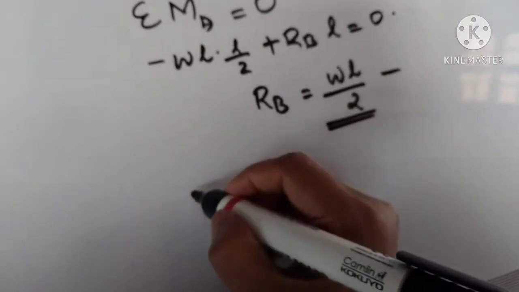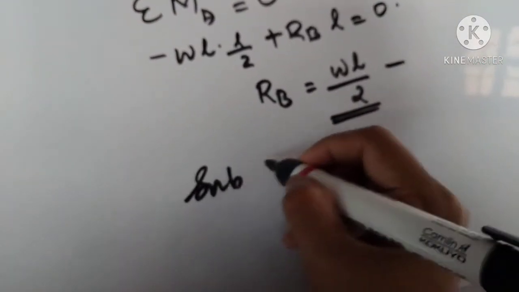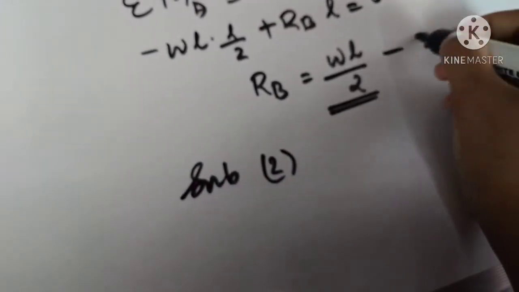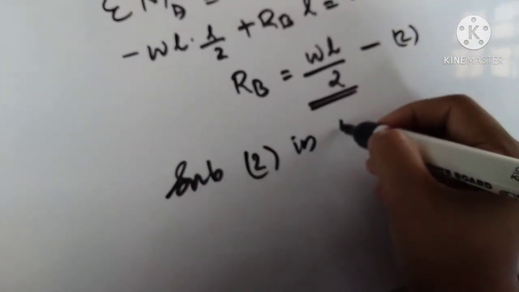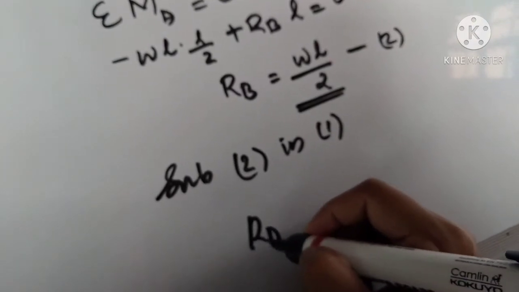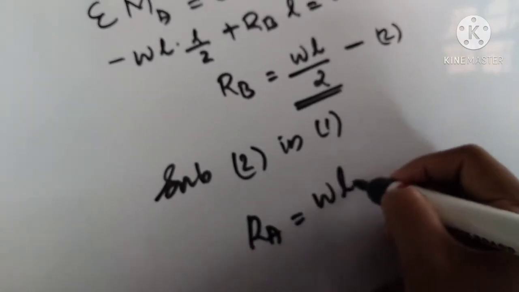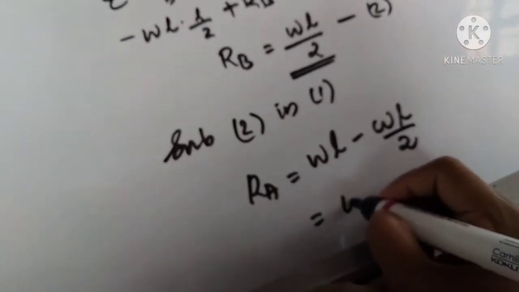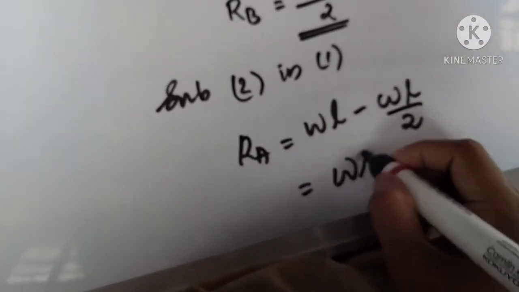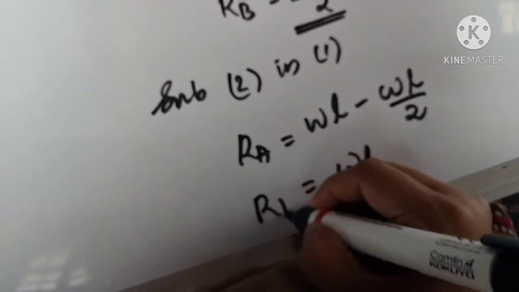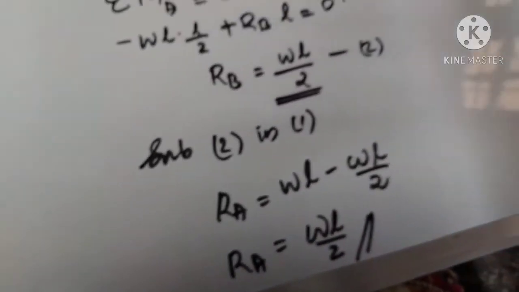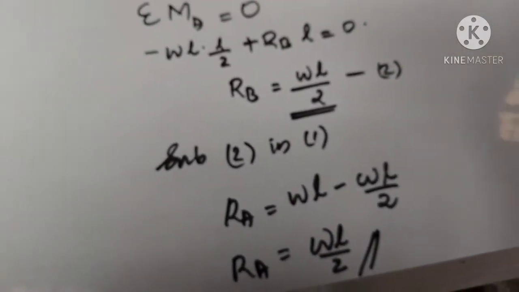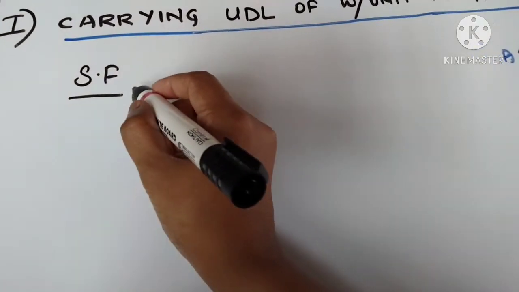Now substitute the second equation in the first equation. We will get RA also as WL minus WL by 2, which is equal to WL by 2. So RA and RB we got as WL by 2. Now next we need to find out the shear force acting.